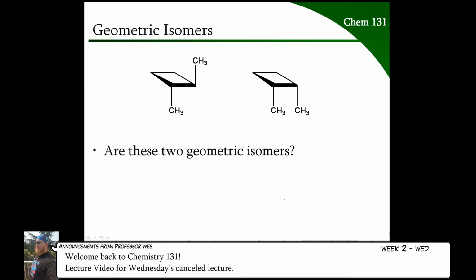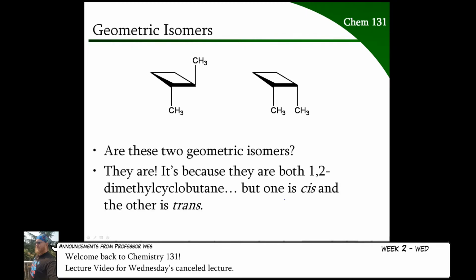So again, here are our two molecules that we had before, and yes, they are geometric isomers because we just said so, right? So if I were to name them, this is position 1 and 2. I did a comma instead of a dash. 1,2-dimethylcyclobutane.